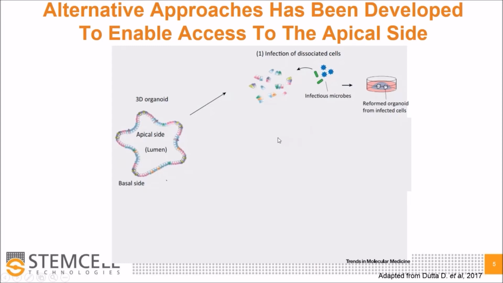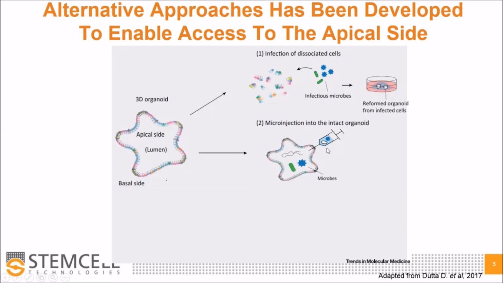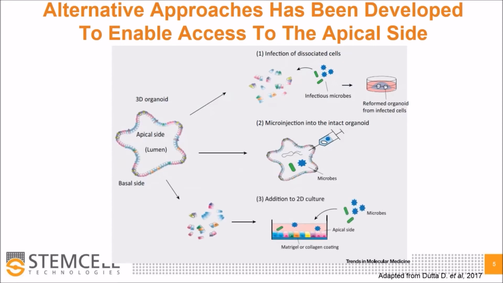Another approach that is very effective in studying the interaction of pathogens with the epithelium consists in directly injecting the pathogens within the lumen of the organoid. Finally, if researchers need to study viruses targeting specifically fully matured differentiated cells, they can fragment the organoids, seed these cells on a standard plate or transwell system, and generate a nice monolayer on top of which microbes can be applied to the apical side.